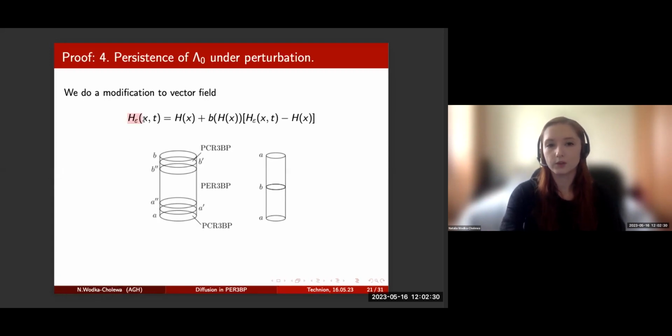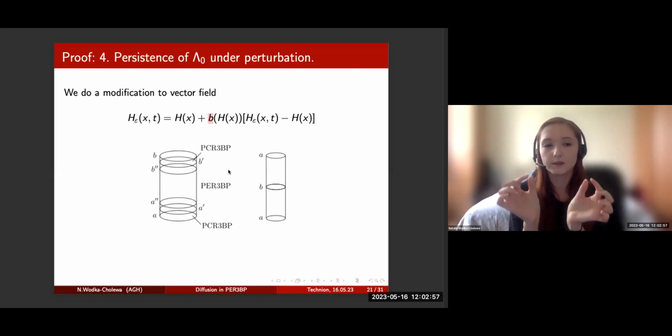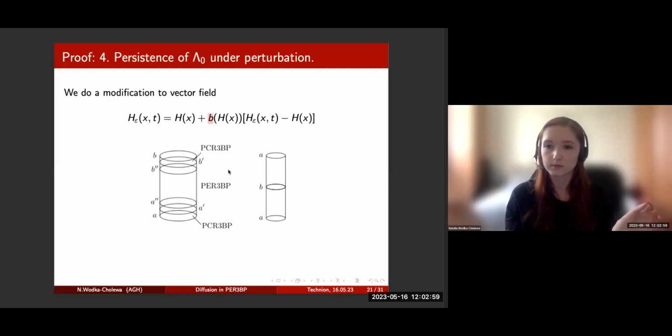You have the Hamiltonian. You modify it by the bump function b. So in some area, you can see here on the left picture, you have the elliptic problem between A prime prime and B prime prime, and you have glued to the circular problem, and between you have the small interval where you do some smooth connection, right?